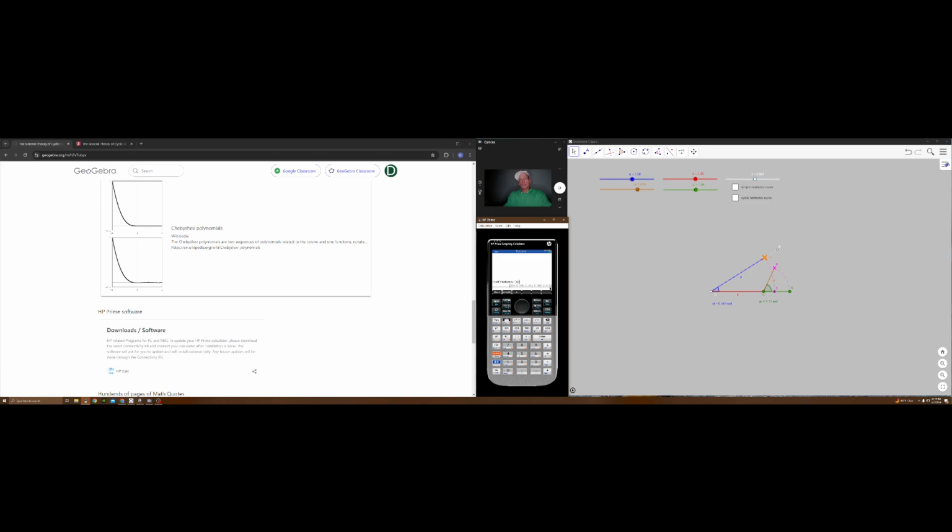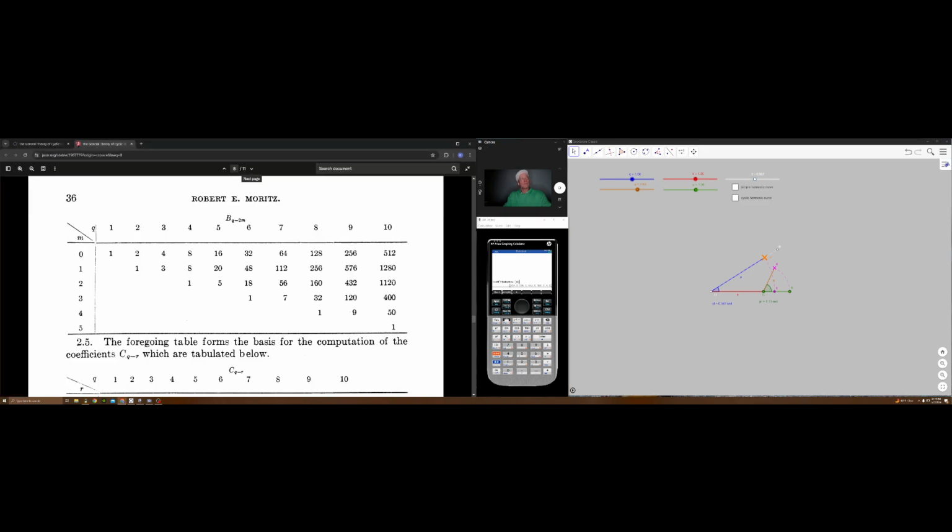It generates this list. This list can also be found right here, which is also right here. He never mentions Chebyshev, and Chebyshev never mentions him.